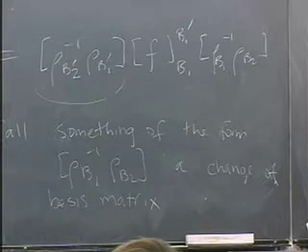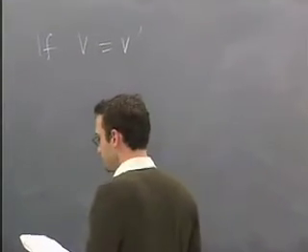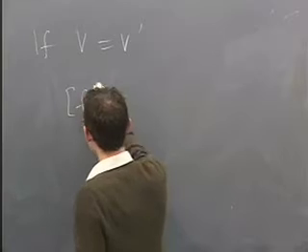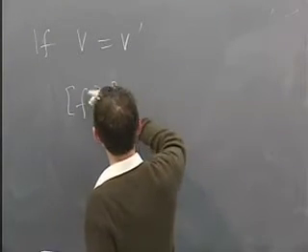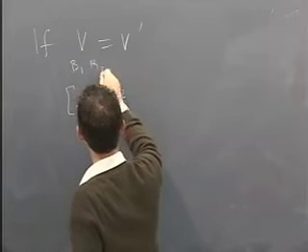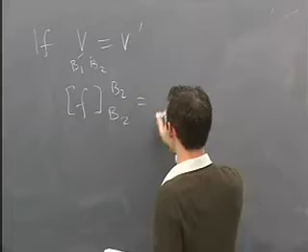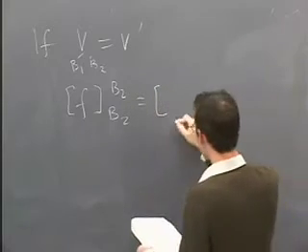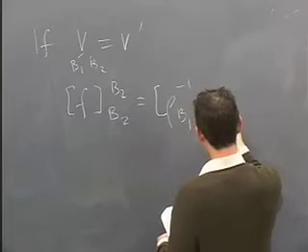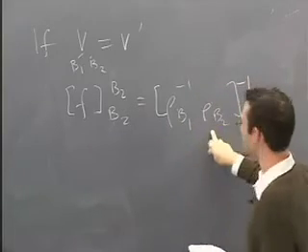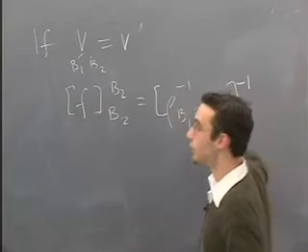So if V equals V prime, then I could just rewrite this as B2, B2. So again, I just have B1, B2. And so now these are bases for both V and V prime. This thing just looks like row B1 inverse, row B2, all inverse, because that looks like row B2 inverse, row B1.